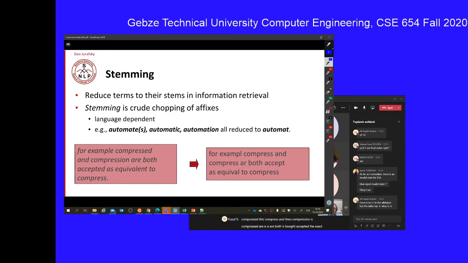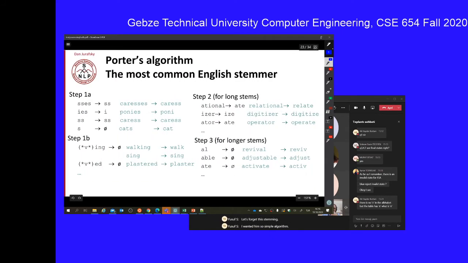So let's look at this stemming algorithm. It's a simple algorithm, Porter's algorithm, in three steps. These are the rules. It is a rule-based thing. All the "sses" are converted to "ss."